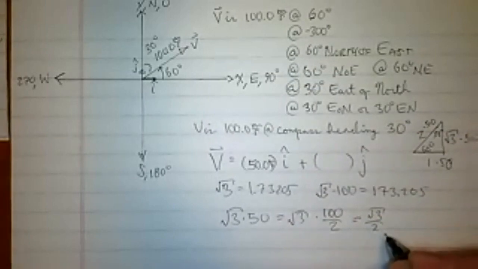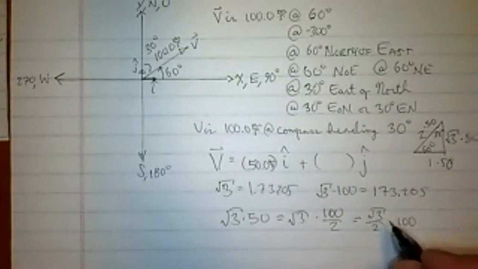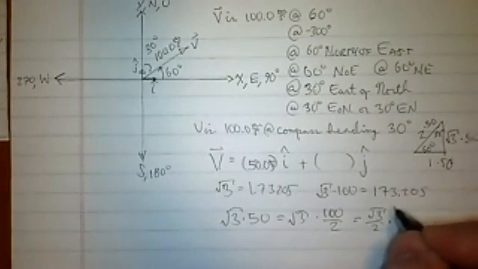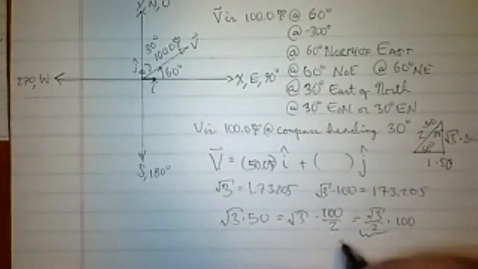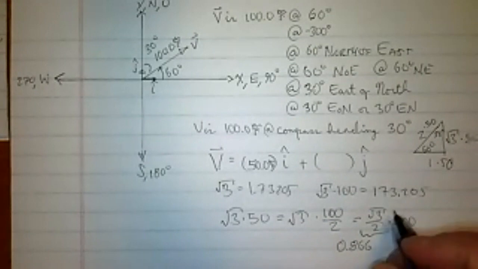If I can divide that by 2, then I can multiply by 100. And that's exactly what we're going to do, because we happen to know that the square root of 3 divided by 2 is this part right here, is 0.86603. But anyways, that's plenty enough.